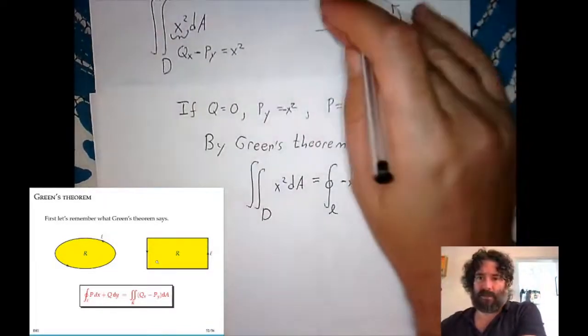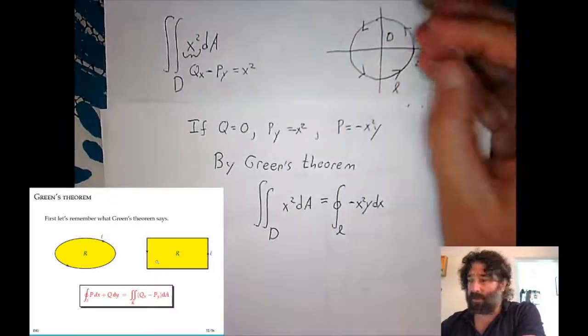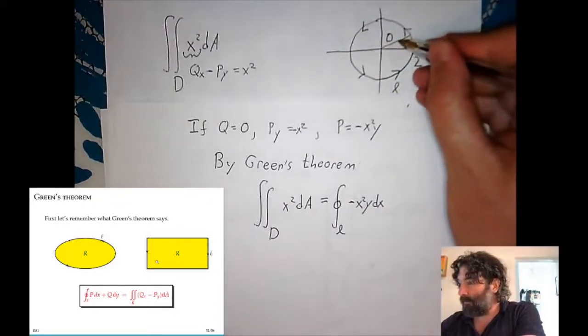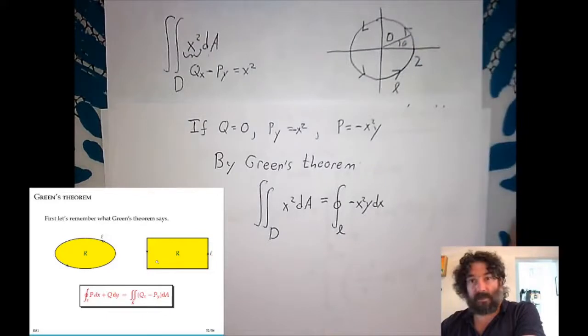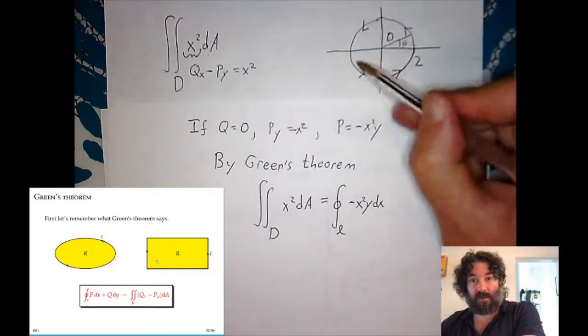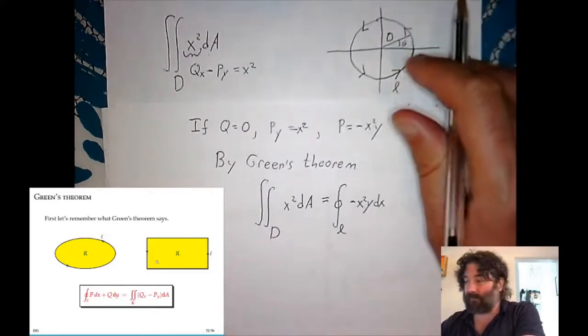So in order to do this, we need to parameterize L. And the easiest thing to do is to parameterize L by the angle theta. And this is the angle theta. Theta will go from 0 to 2 pi as we go around the disk once.